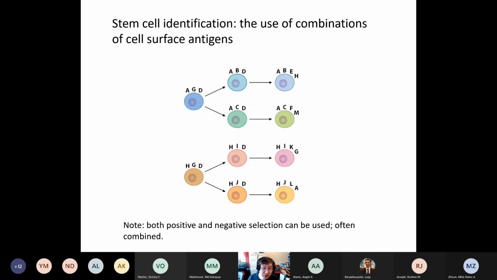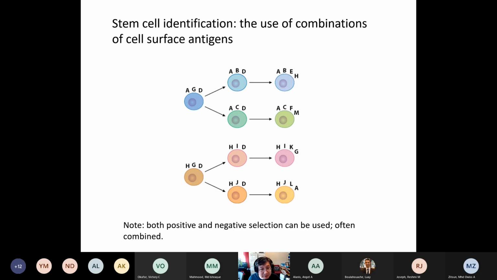So we have 2 major lineages, and each of them will give rise to 2 sublineages, and they can further differentiate. Sometimes we call differentiation a tree. You start from the same ancestor and then branch out, and each branch will further branch out, right? That's how differentiation works.